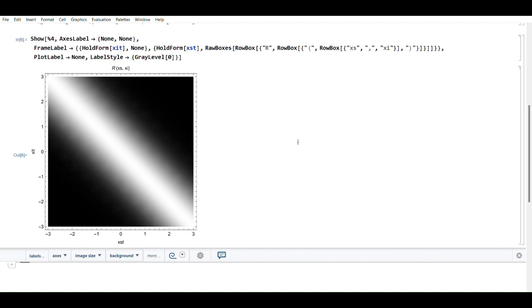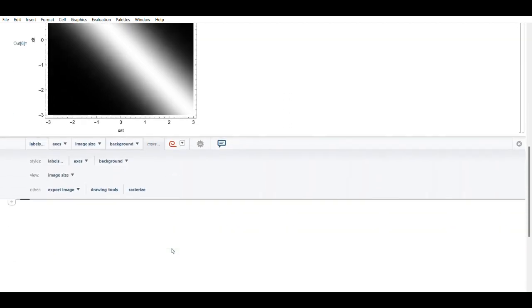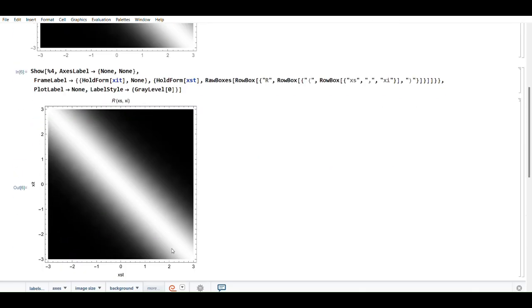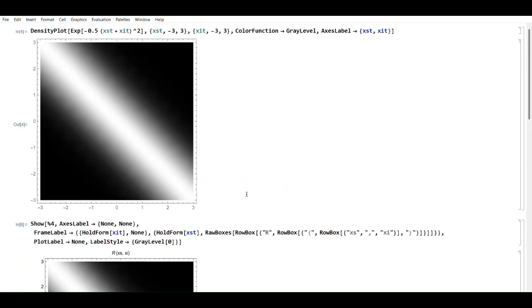Can I plot a point on this? Is there something? Let me see. There is something called Mathematica plot point.